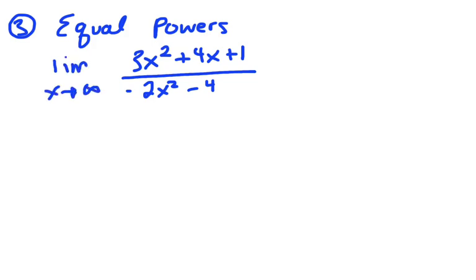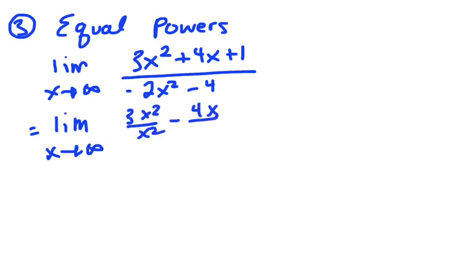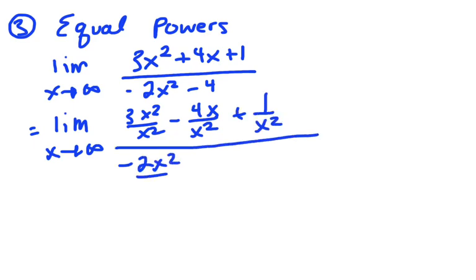Divide by the highest power, which is x squared, in the denominator. So we have the limit as x goes to infinity of 3x squared divided by x squared minus 4x divided by x squared plus 1 divided by x squared, all over negative x squared over x squared minus 4 divided by x squared. So now we start canceling.